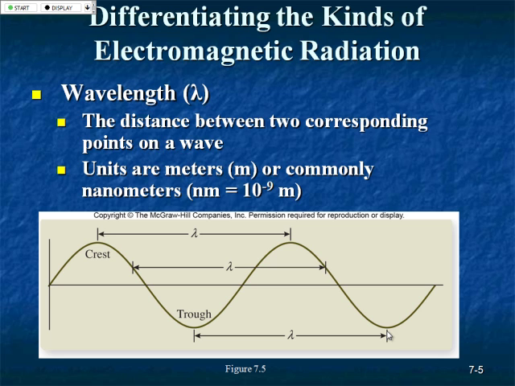h stands for Planck's constant, c for speed of light, lambda for, what is lambda? Wavelength. Lambda is wavelength, nu is frequency. So look at the first equation. c is lambda nu.